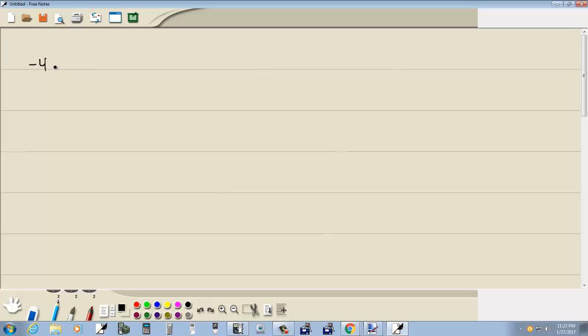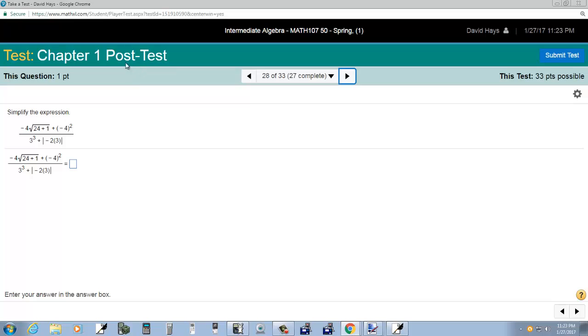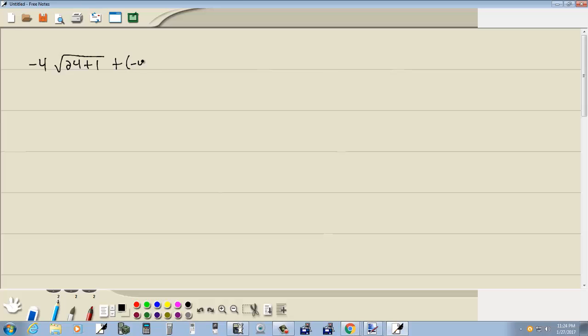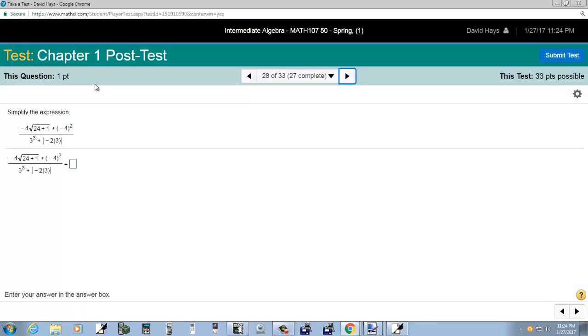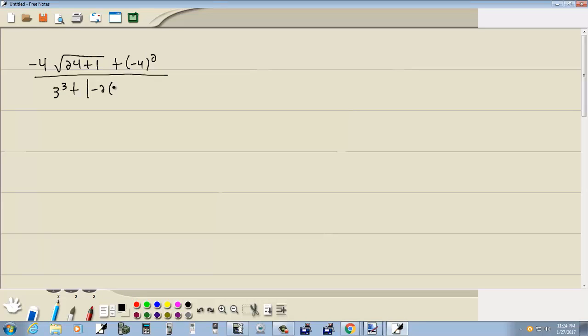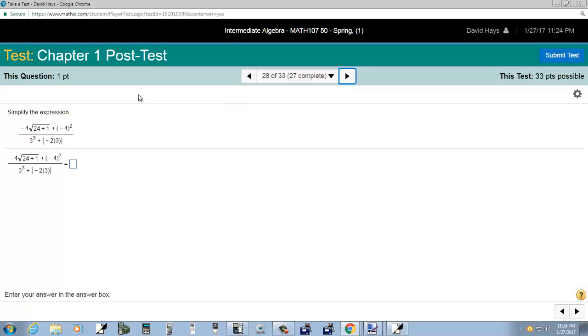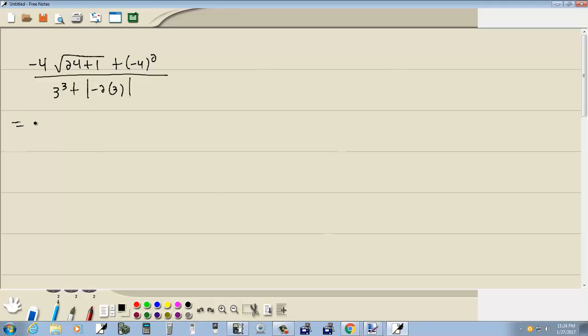Let's see, the square root of 24 plus 1 plus negative 4 squared all over 3 to the third plus absolute value of negative 2 times 3. Well, inside the square root, we got 24 plus 1, which is 25.